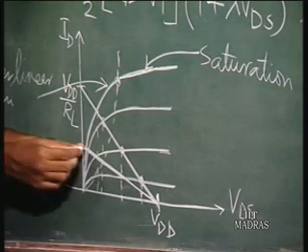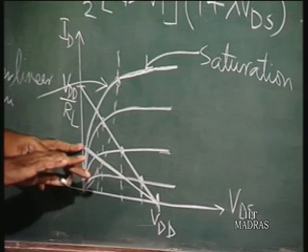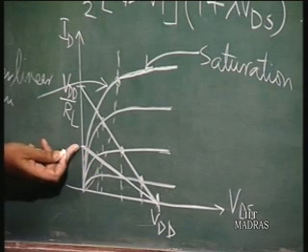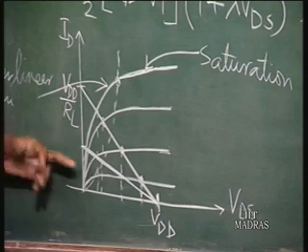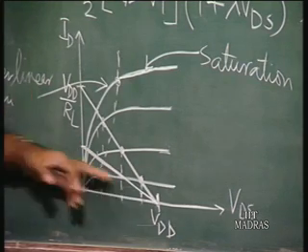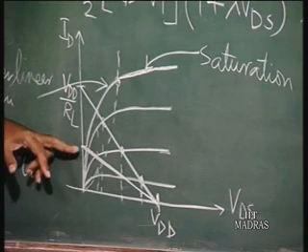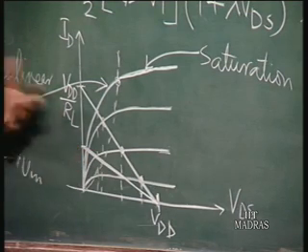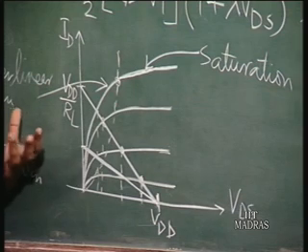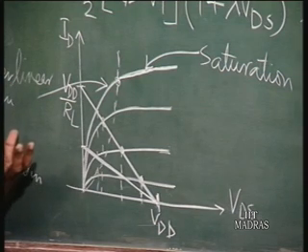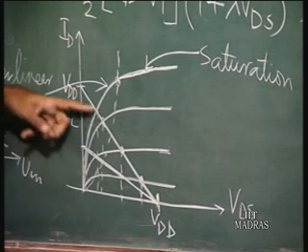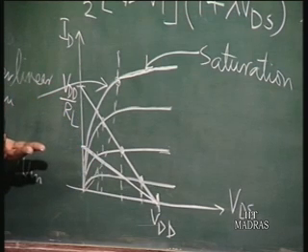The slope is going to be lower, because this point is VDD by RL. So it is clear from here that if the load resistance is increased, then the current flowing through the device is going to be less, isn't it? Because at the operating point the current would be less.